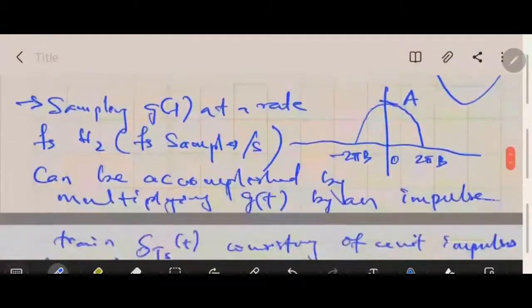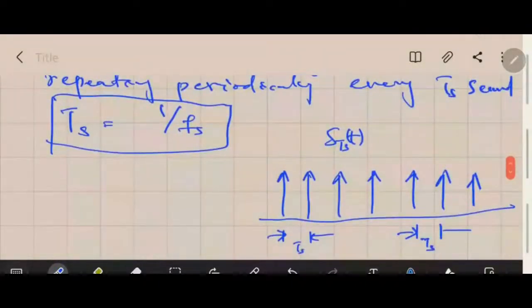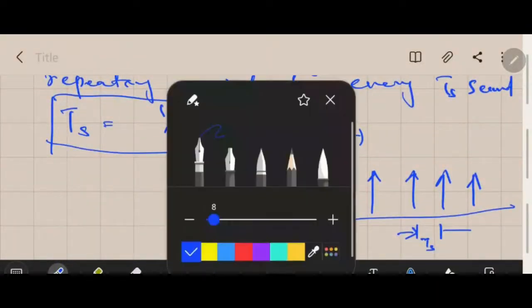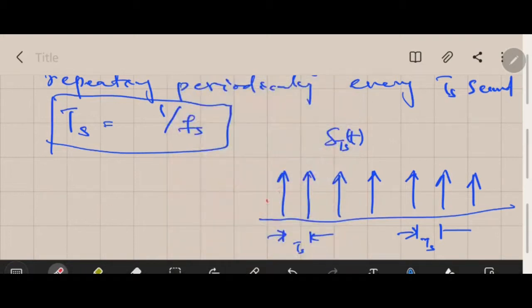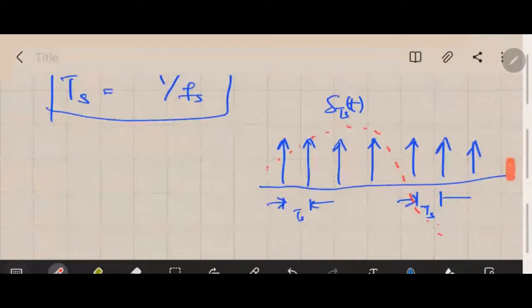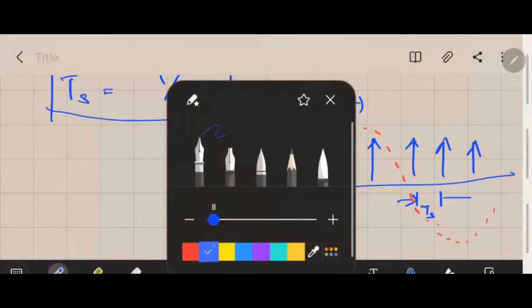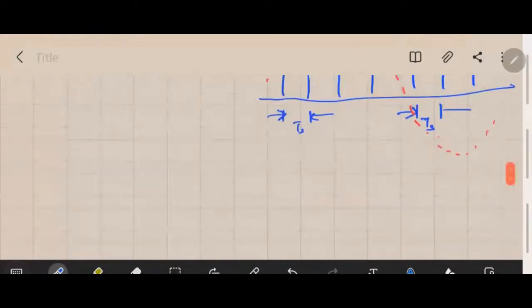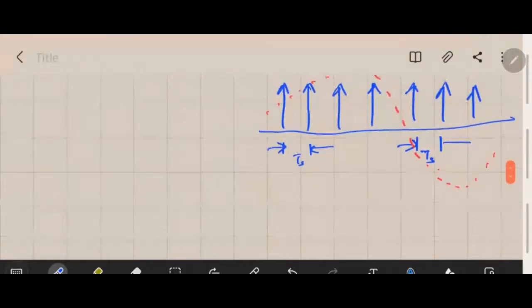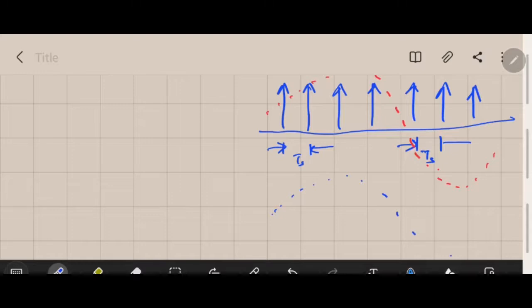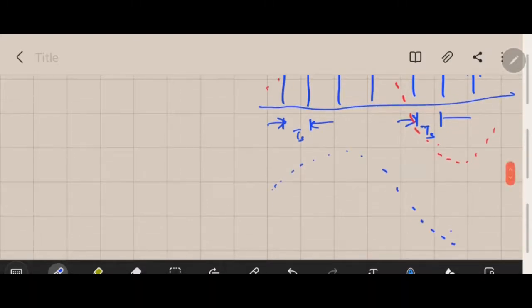Now, what we are doing here, we are multiplying this impulse train with this signal g of t. I am redrawing it. This dotted line shows us the envelope of the signal to which we will be multiplying. So if we multiply these two, the output signal will be like this. According to the envelope of this baseband signal, the amplitude of the impulses could be changed.